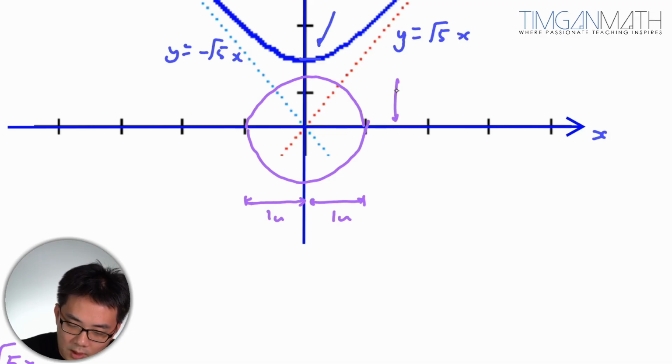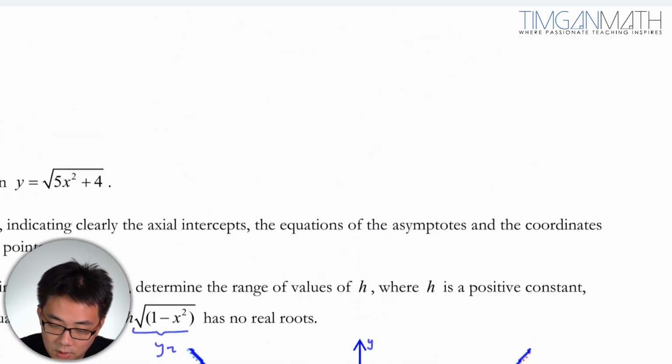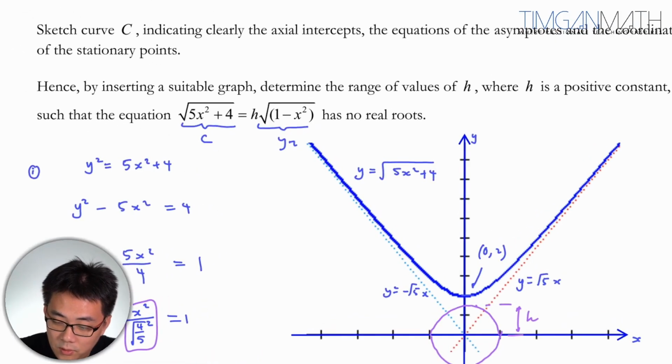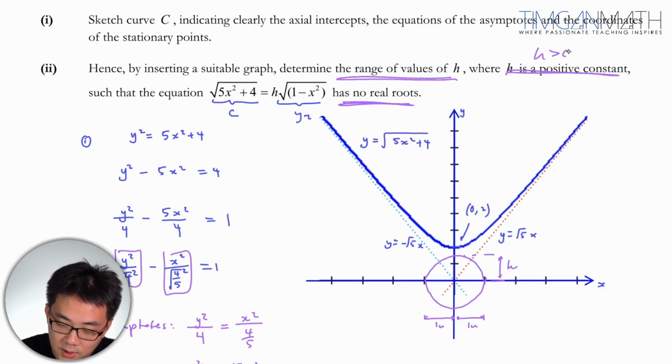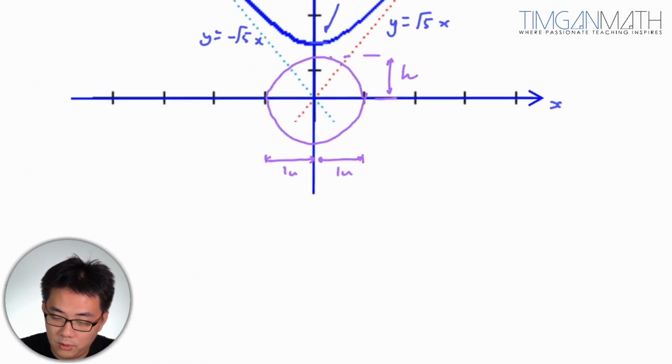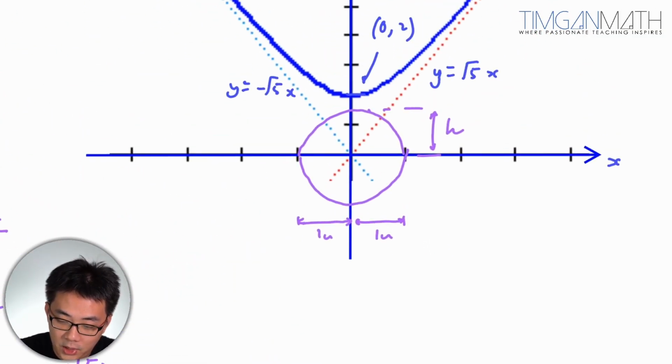Hard to draw, hold on. This height here is h. Now the question is such that this has no real roots. So h is a positive constant, so h is bigger than 0, such that this has no real roots. No real roots means h less than 2. So your height cannot be more than 2, right?